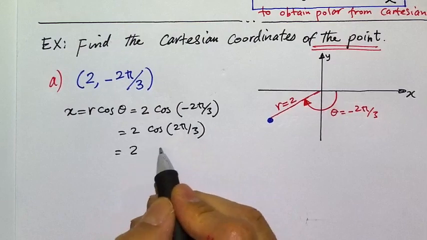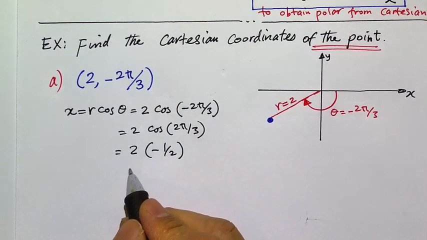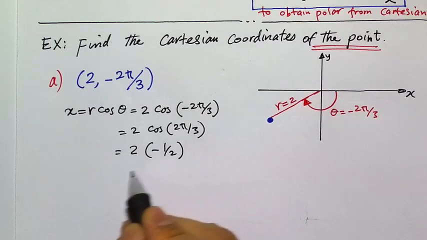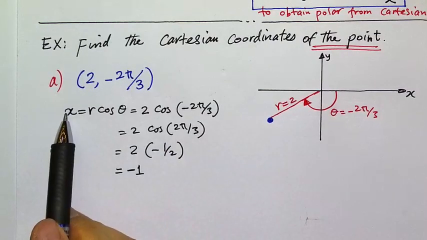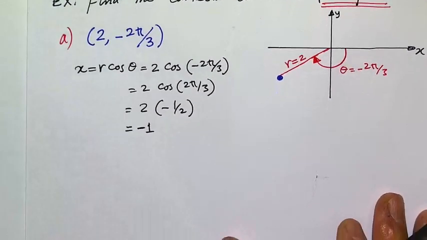So this would be 2 times minus 1/2, so we will have minus 1. Okay, so that's the x coordinate for the Cartesian coordinate system.